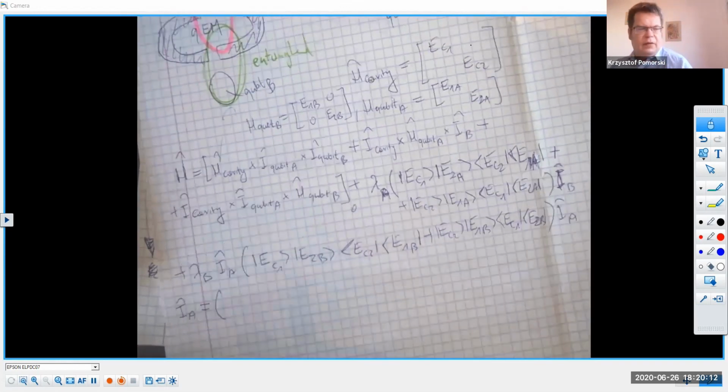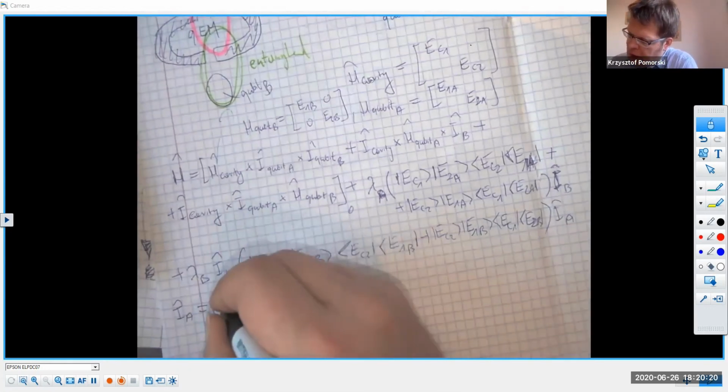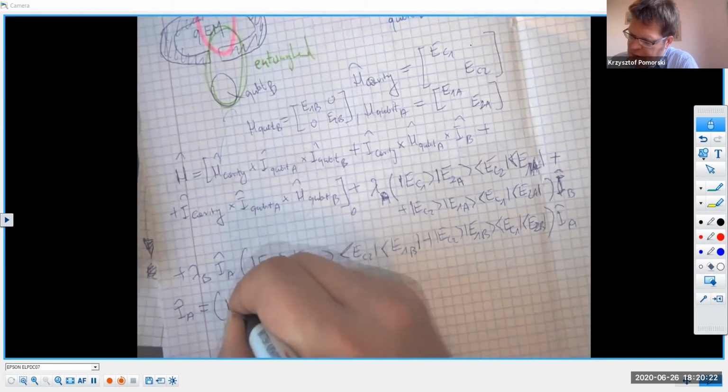So we have the sum of two energy projections.